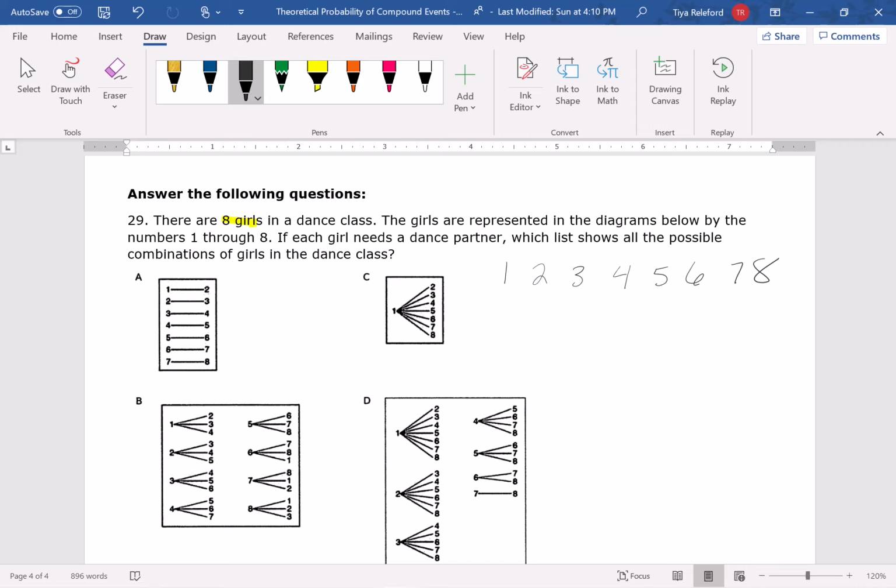We're going to make a sample space, a list. Who can 1 partner with? Well, 1 can't partner with themselves, but 1 could partner with 2, 3, 4, 5, 6, 7, or 8, right?